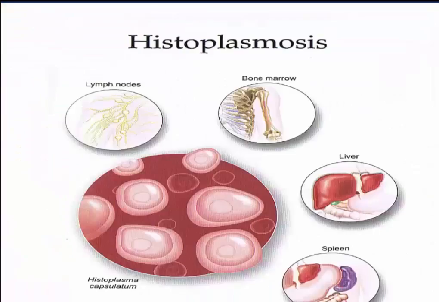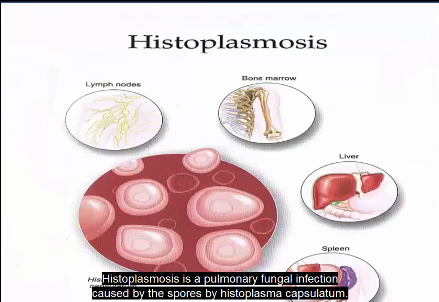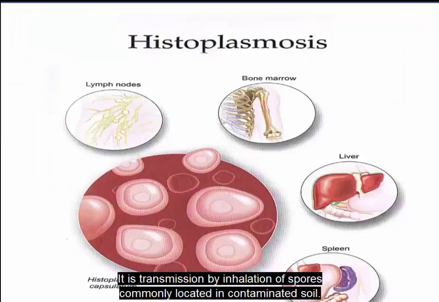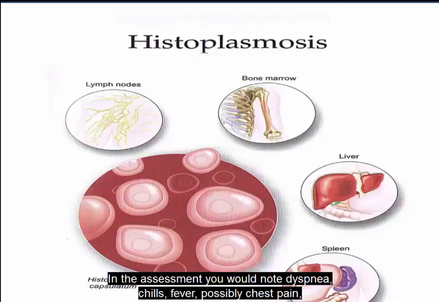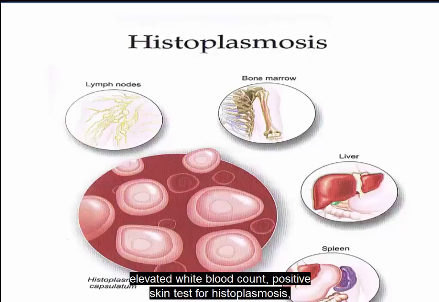Histoplasmosis is a pulmonary fungal infection caused by the spores of Histoplasma capsulatum. It is transmitted by inhalation of spores commonly located in contaminated soil. In the assessment, you would note dyspnea, chills, fever, possibly chest pain, elevated white blood count, positive skin test for histoplasmosis, a positive agglutination test, and hepatosplenomegaly.